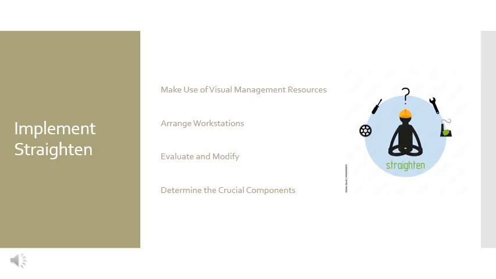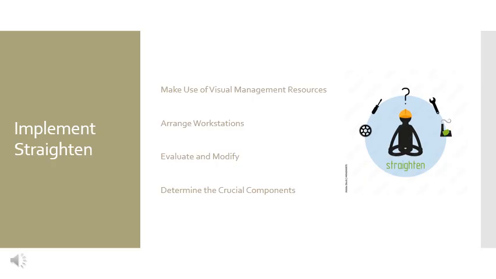The first one is to make use of visual management resources. It basically describes how visual tools such as diagrams, charts, or dashboards provide at-a-glance information that keeps everyone on the same page, and they help in tracking the progress and identifying the bottlenecks in the workflows.